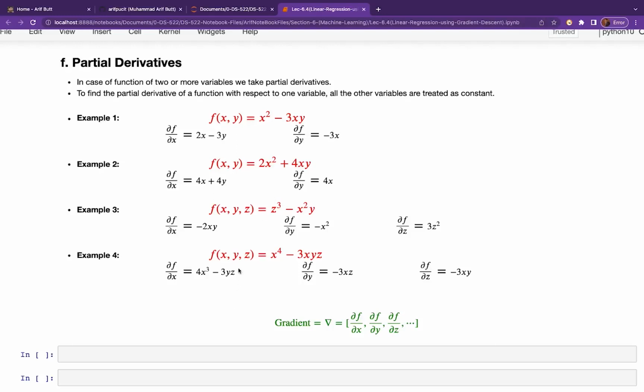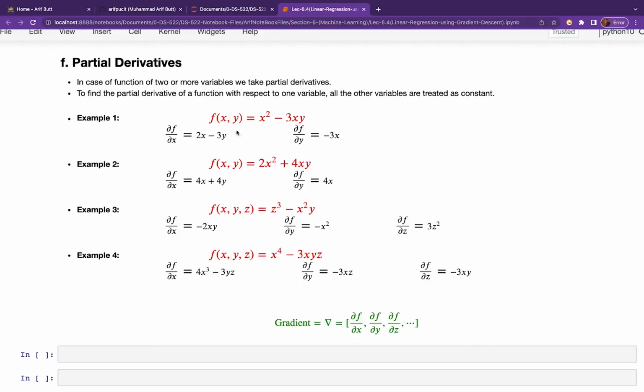And do note that in example 3 and 4, over here we have functions of three variables, therefore we have three partial derivatives. So in case of two or more dimensional functions, there is a derivative along each dimension. In example 1, the partial derivative with respect to x means that we ignore y and we just see how is the function changing over x.